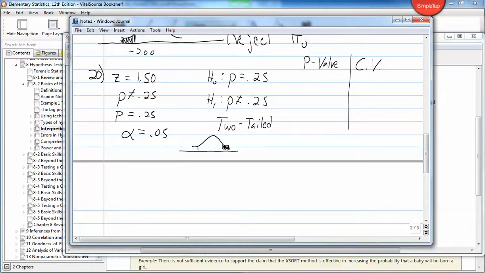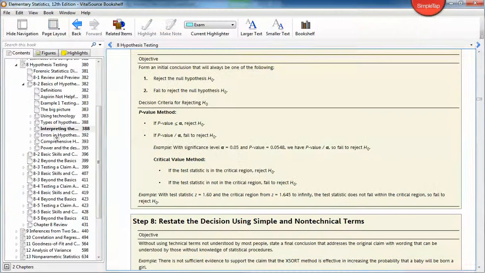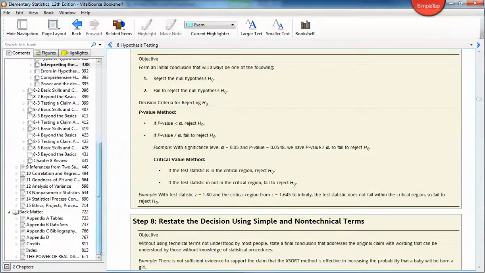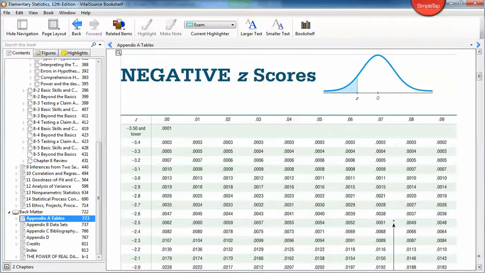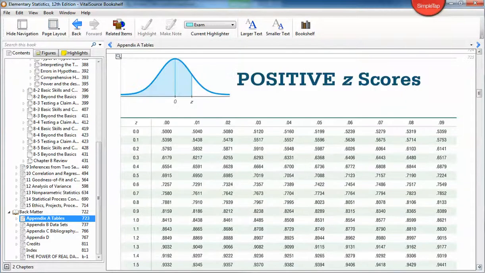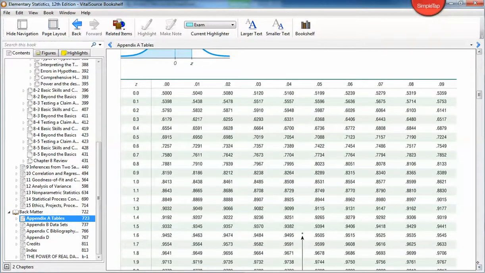All right. If we use our z-table, how can we figure out what this shaded region is? We're going to have to use our z-table and then say 1 minus what we get in our z-table, because it's right-tailed. Remember, the z-table shows the area cumulative from left to right. So if I look at my table, I go to a positive 1.50.